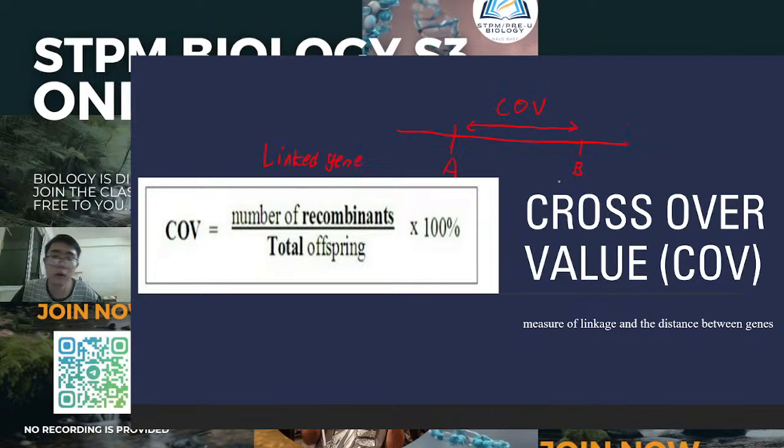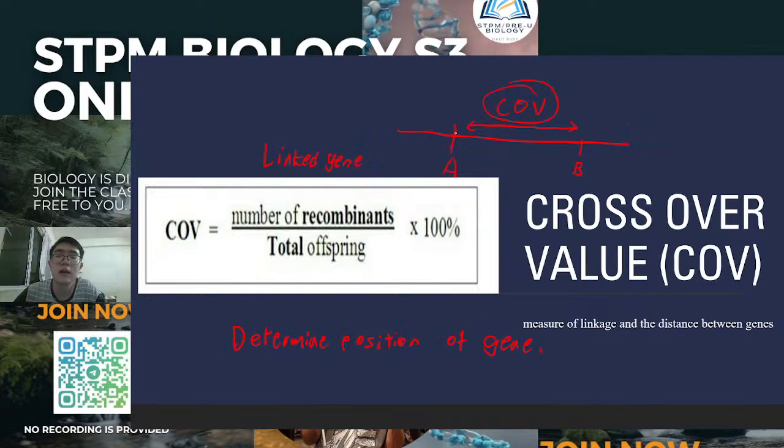However, normally in examinations, they will not ask you to calculate the COV. Normally they want you to determine the position of the genes and draw it out. They will give you the COV values already, and based on those COV values you construct the locations.